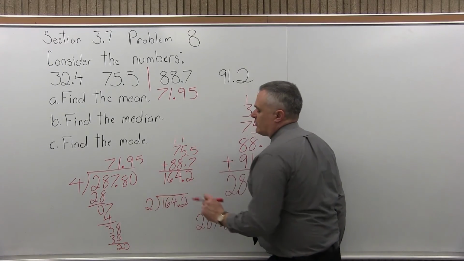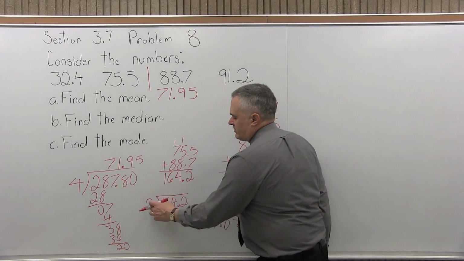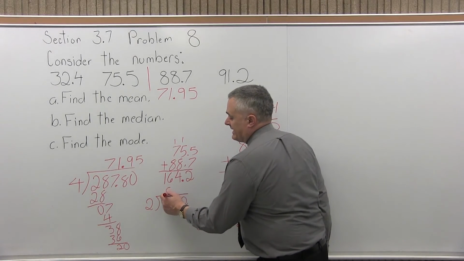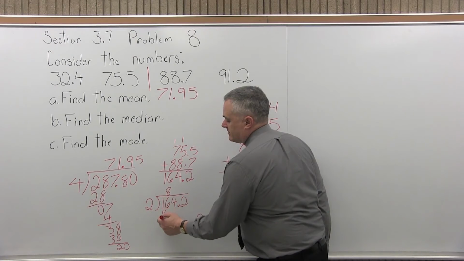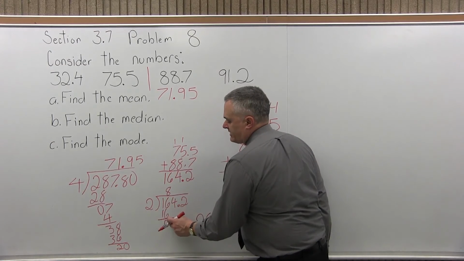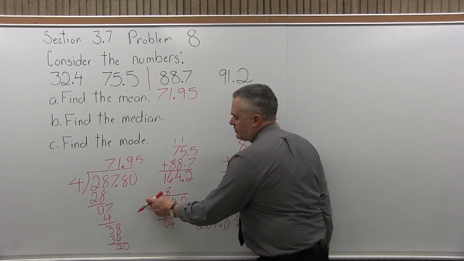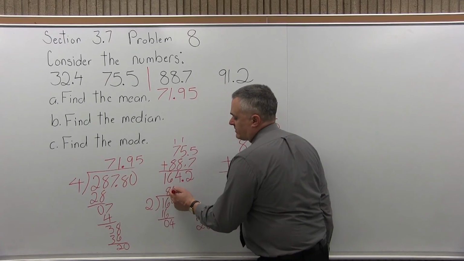So 2 divided into 1. 1's not big enough, the 2 won't fit. 2 divided into 16 will go in 8 times perfectly. 8 times 2 is 16. 16 minus 16 is 0. Bring down the next digit, 4. So I have 0, 4, just 4. 2 divides into 4. That also goes in perfectly.